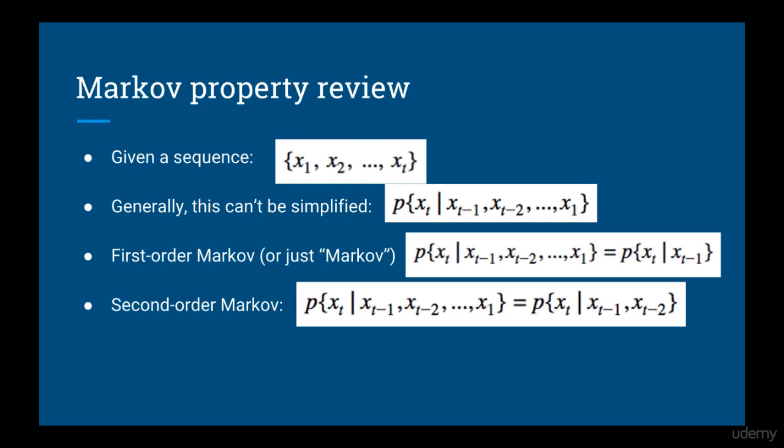The Markov property specifies how many previous x's the current x depends on. So first order Markov means x of t depends only on x of t minus 1. Second order Markov means that x of t depends only on x of t minus 1 and x of t minus 2. In this course, we will be working with first order Markov only, and we typically just refer to this as the Markov property.